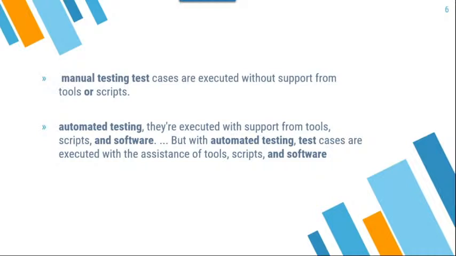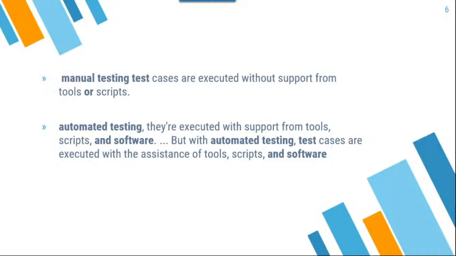So what is the difference between manual testing and automation testing? If you want to do manual testing, you need not use any tools or script. You just launch the URL, enter it and click the enter button. You do it manually, without support from tools and script.